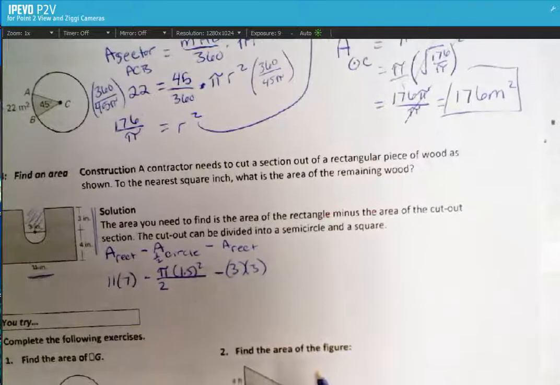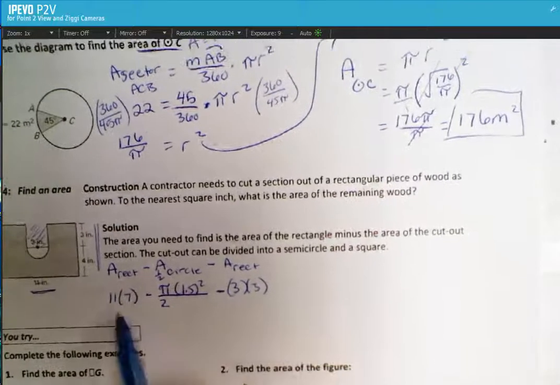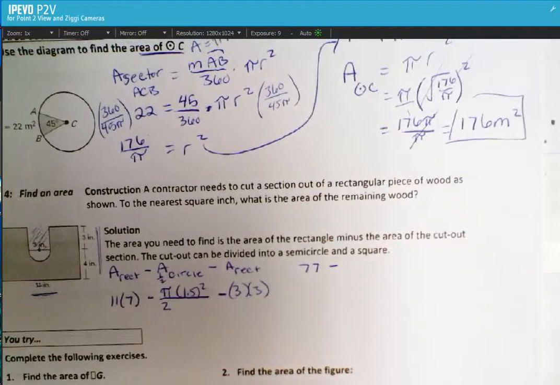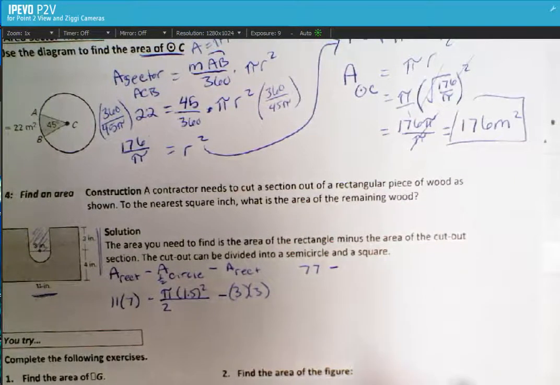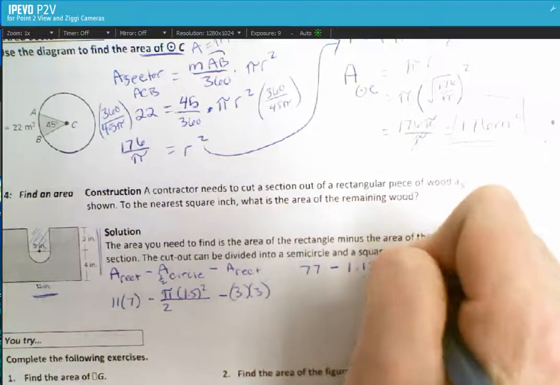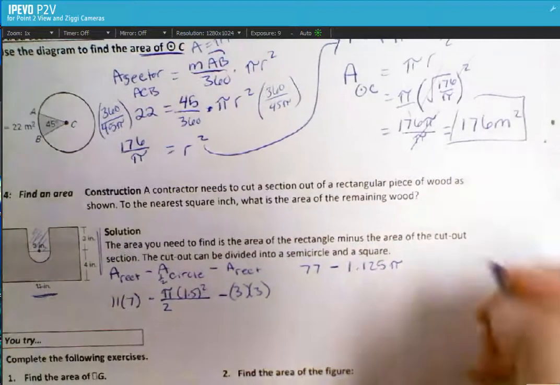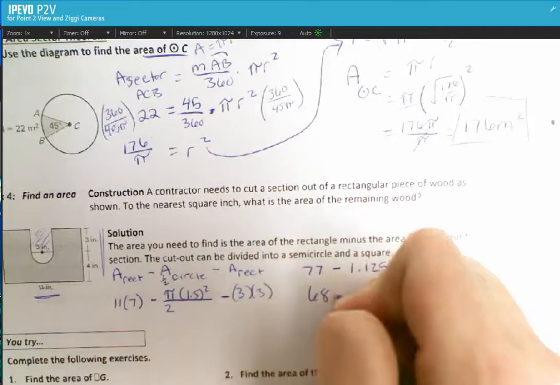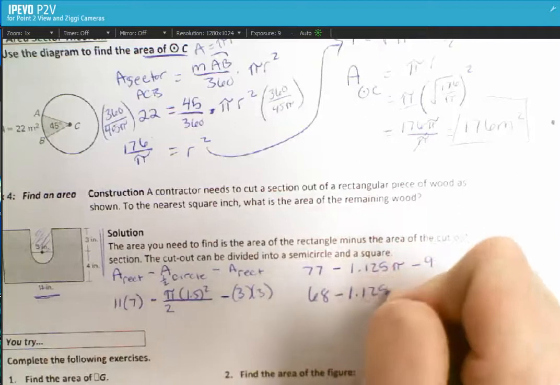So then it just becomes about the math. So I know 11 times 7 is 77 minus 1.5 squared divided by 2, which is going to equal 1.125 pi, because the pi doesn't go anywhere, minus 9. 77 minus 9 is 68 minus 1.125 pi.